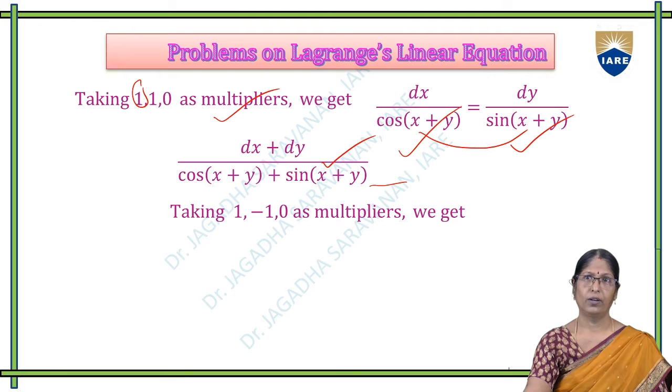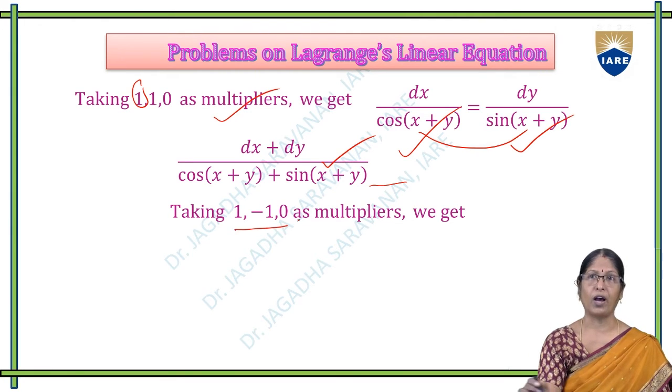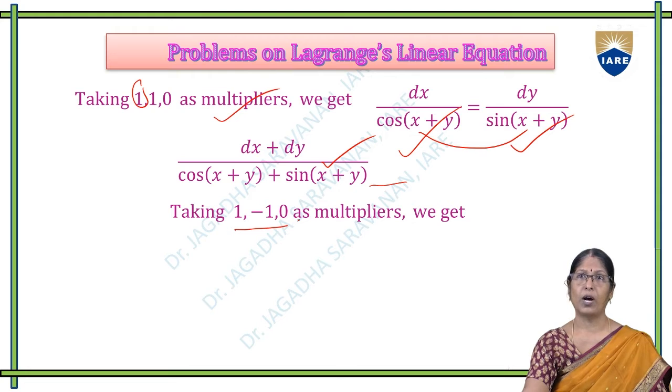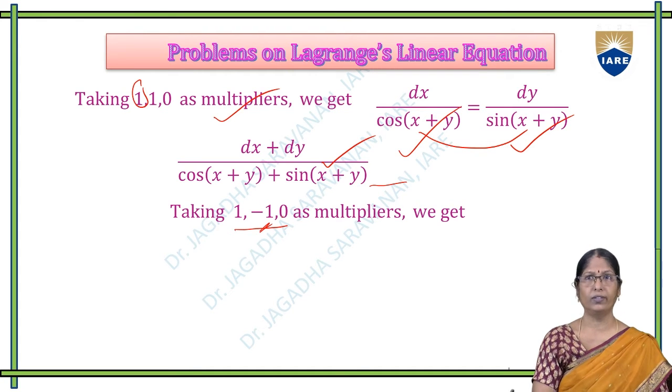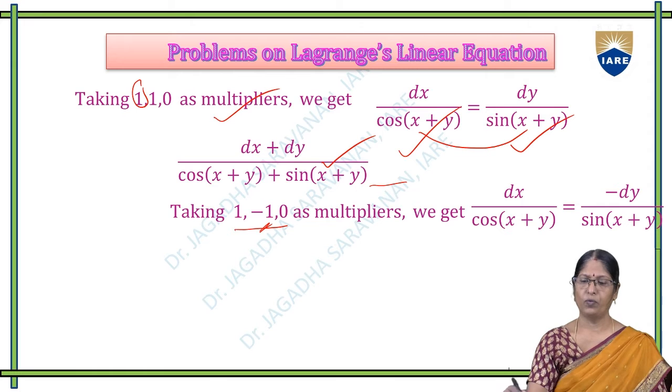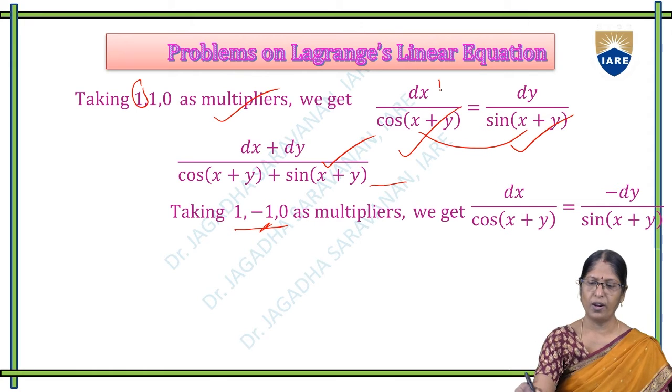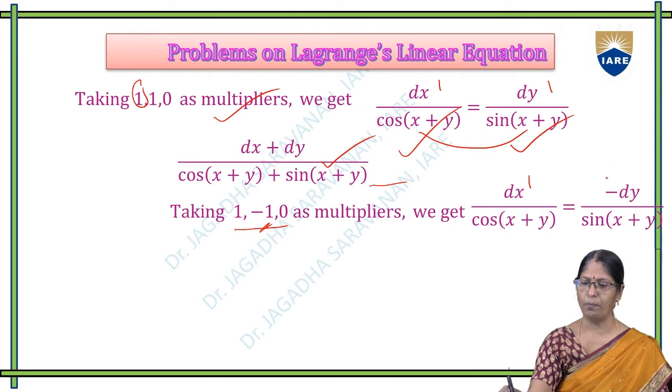Next, the multipliers we have taken are 1, minus 1, 0. Before we had taken 1, 1, 0; here only the change, the middle one is minus 1.